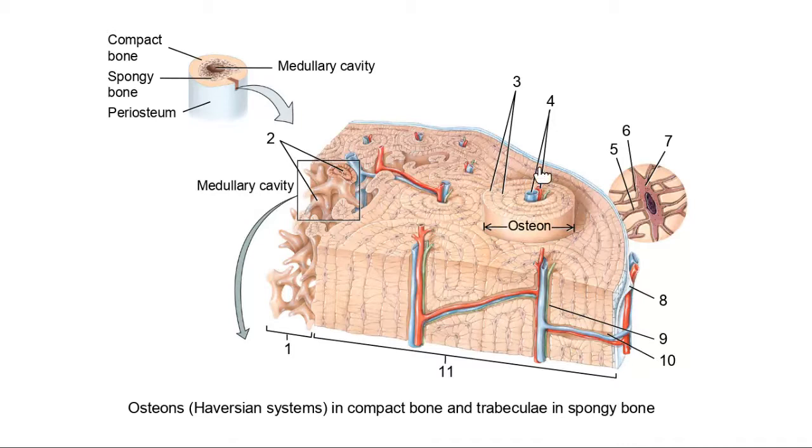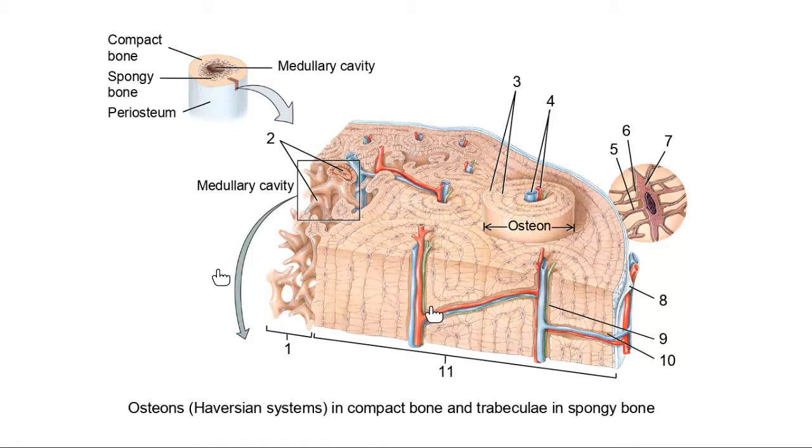In each of your osteon, you can see central canal with the blood vessels. The blood vessels of your osteons are connected together here by the perforating channel.